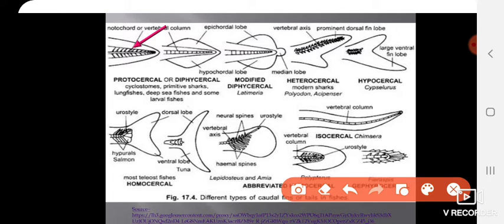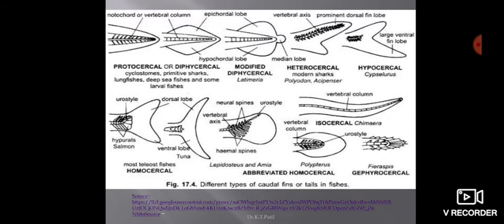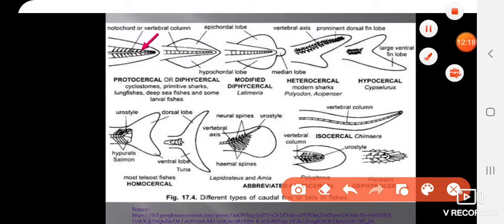In this case, the notochord runs up to the tip of the tail, and there divides into an upper epicaudal and a lower hypocaudal lobe. The upper lobe is called epicaudal and the lower lobe is called hypocaudal. Such a tail is called a protocercal tail.